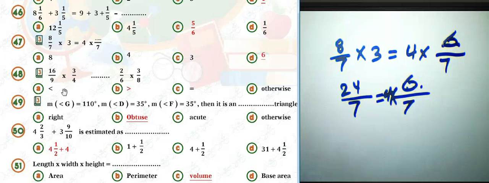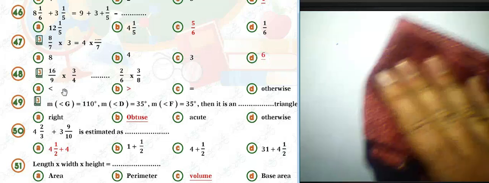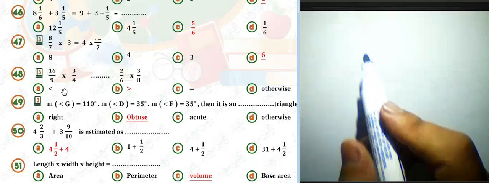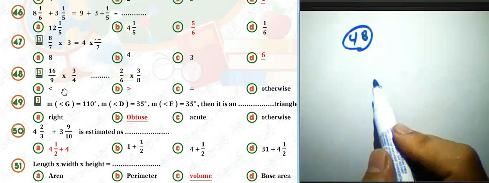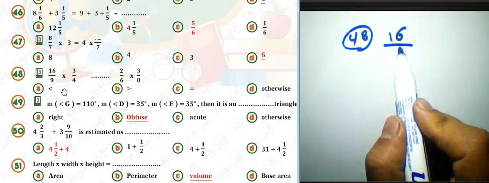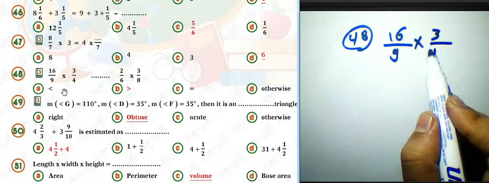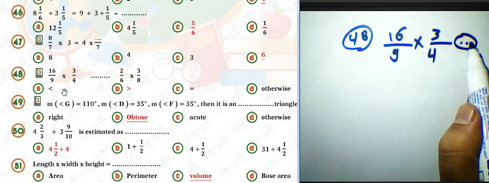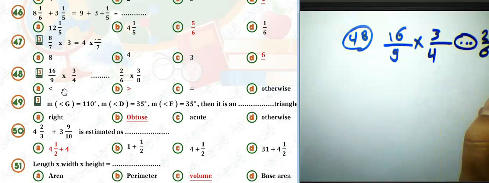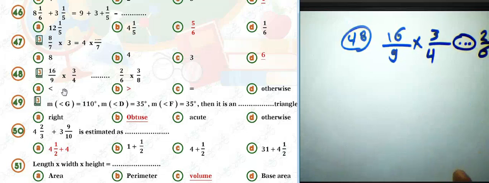Question 48. Over 9 multiply 3 over 4 or 2 over 6 multiply 3 over 8. Which greater?